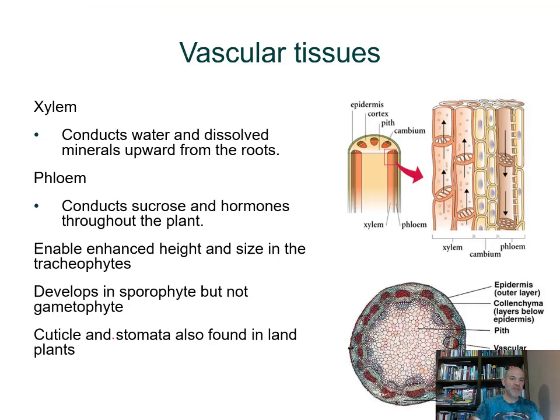Okay. And so a key thing here is the evolution of vascular tissue. We did not see that in the bryophytes in the last section. Two major types of tissue found in the vascular tissues include xylem and phloem. Xylem is basically going to be conducting water and minerals upward, up to the leaves and the shoots above the ground.